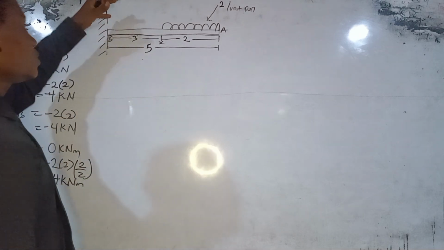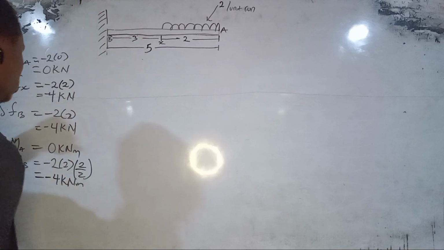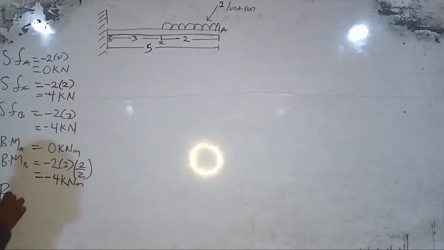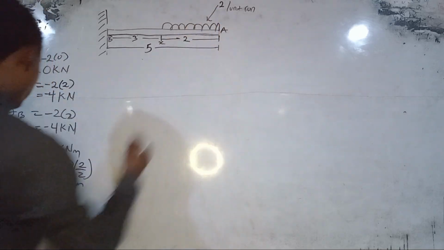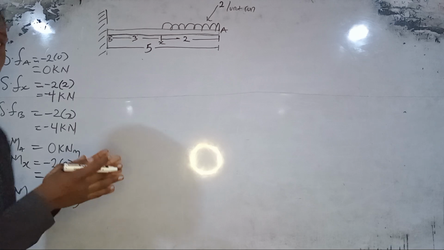But now our bending moment at X. Our bending moment at B would be equals to, now we have our minus 2 times 2, which is our normal shearing force.